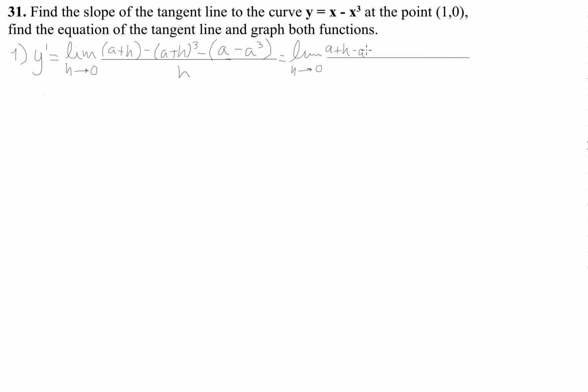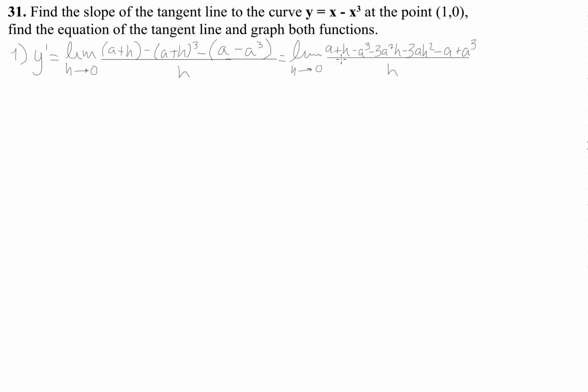Minus a to the third minus 3 times a squared h minus 3ah squared, and then I change the sign for this other part, minus a plus a to the third over h. Remember, let me draw that again.